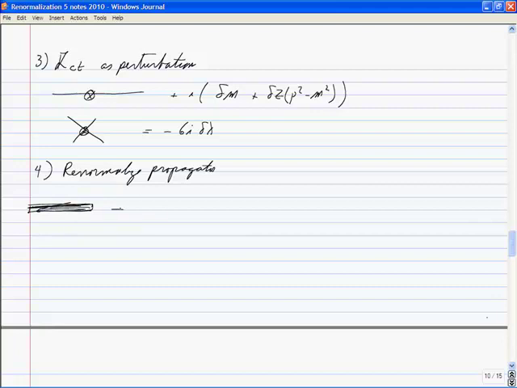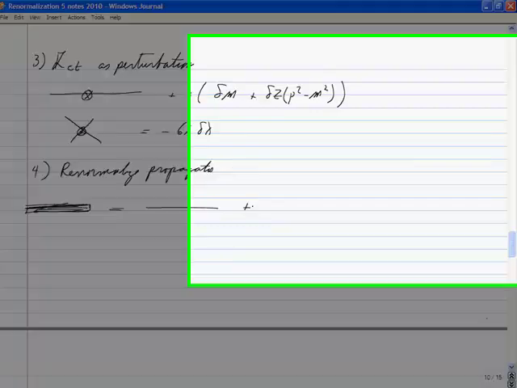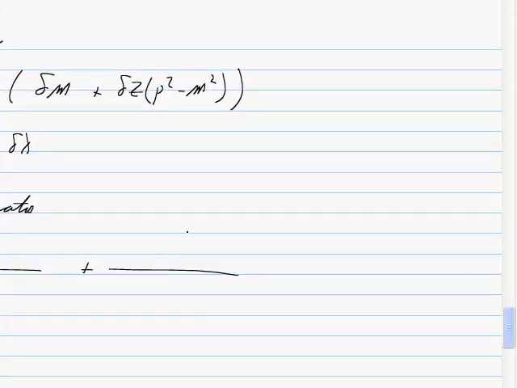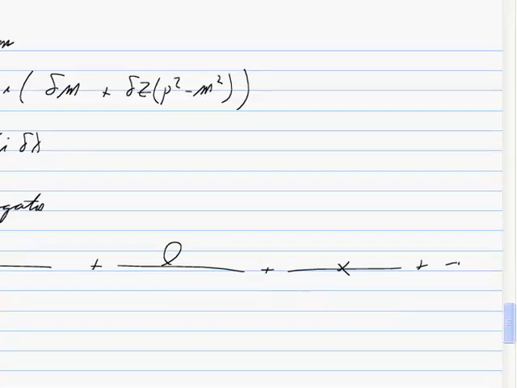Okay, it is equal to the basic propagator plus whatever your Feynman rules are, plus the counterterms, plus dot dot dot.